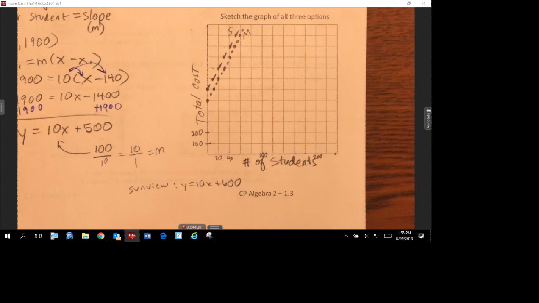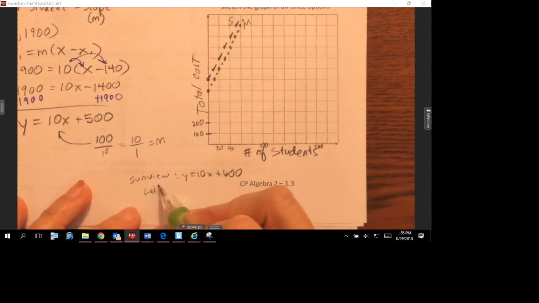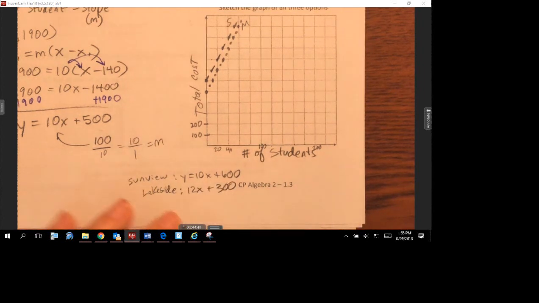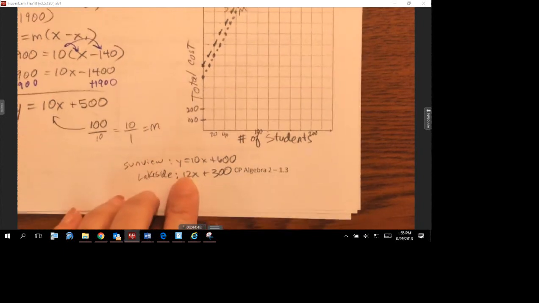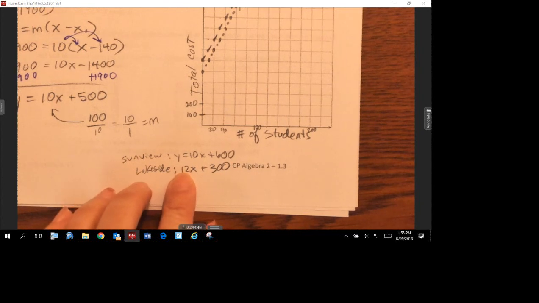And then what is the last one? The last one we had was Lakeside, and the equation is 12x plus 300. That one's going to be a little bit harder to graph, but let's make 12 into something that we could go up and over more easily.